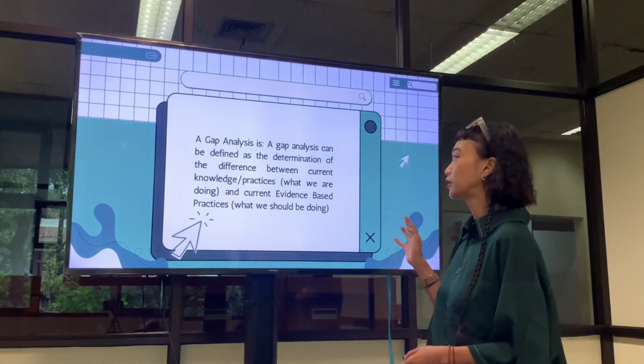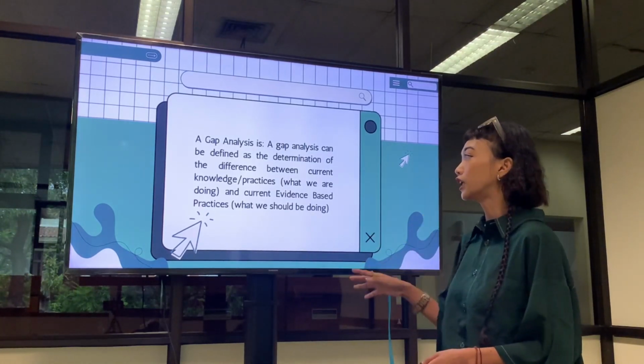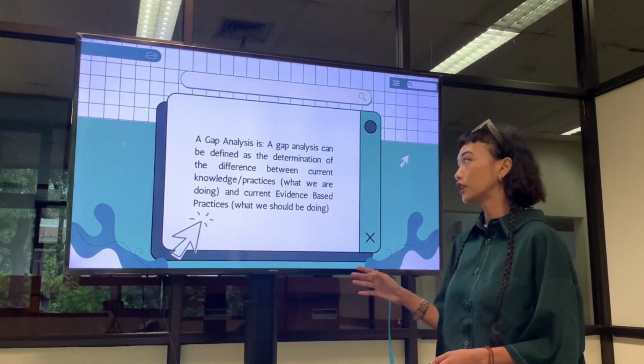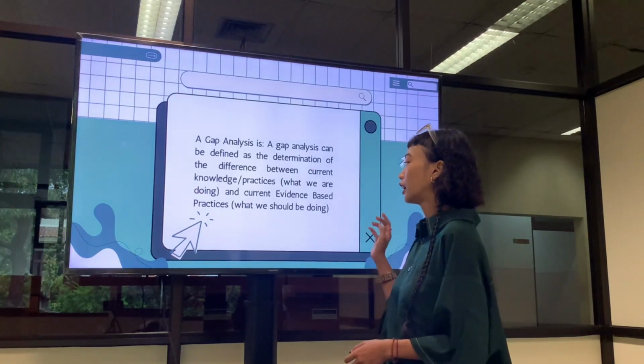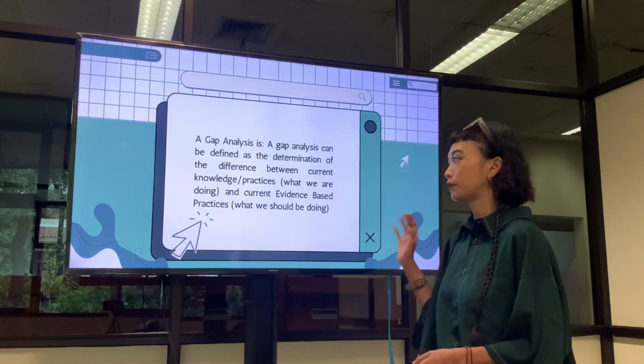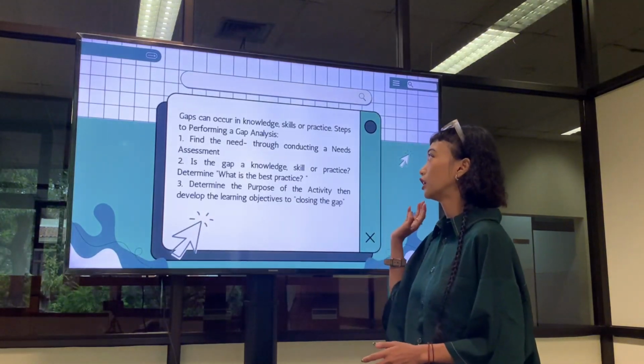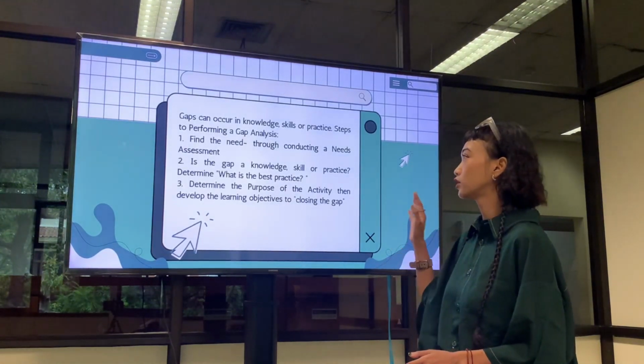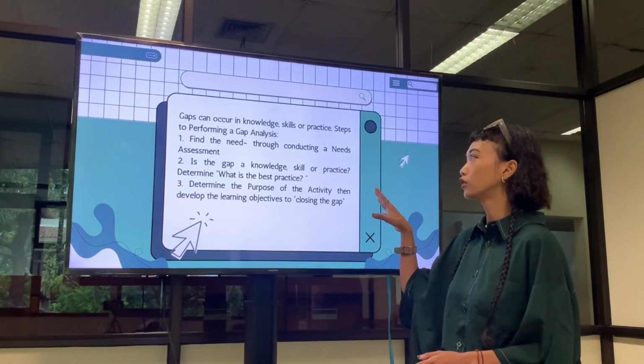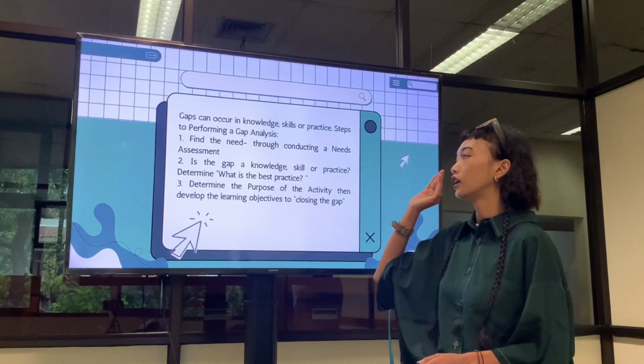Gap analysis can be defined as the determination of the difference between current knowledge or practice and current evidence-based practice. These are the steps of gap analysis.